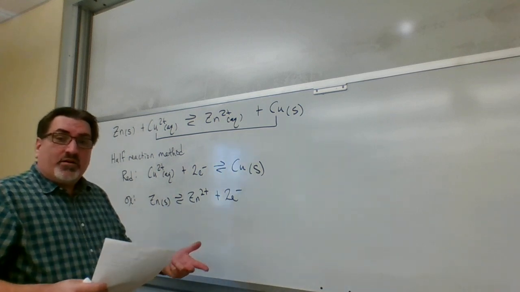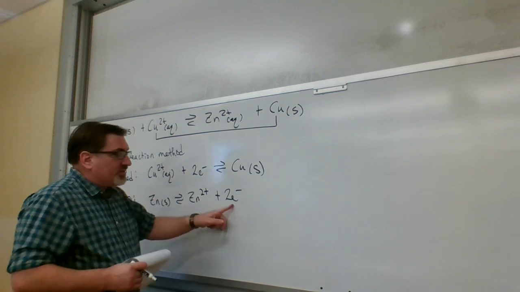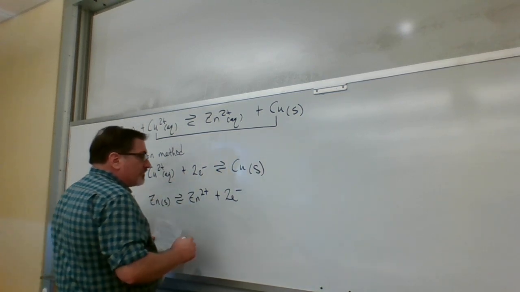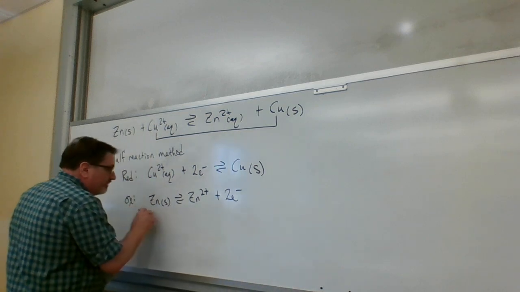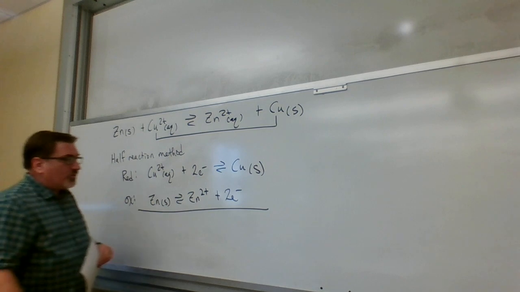So I said earlier, this is one of the easier ones because the electrons already match. The number of electrons in each reaction match. So when we add these up to balance it, we cancel what will cancel.